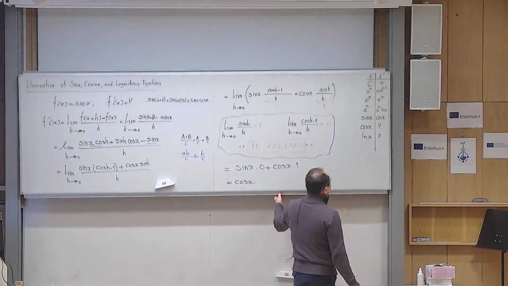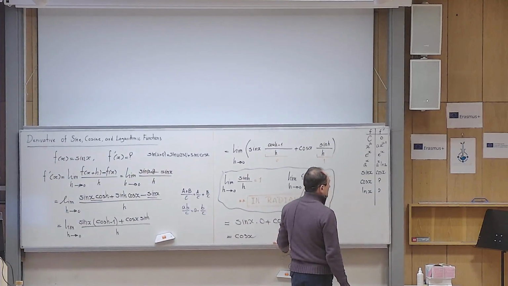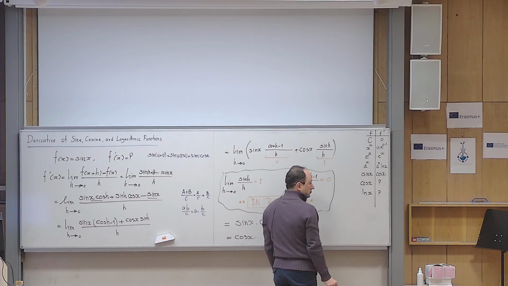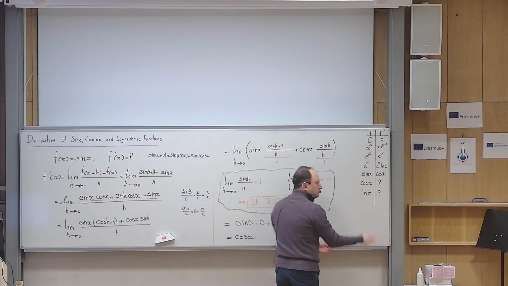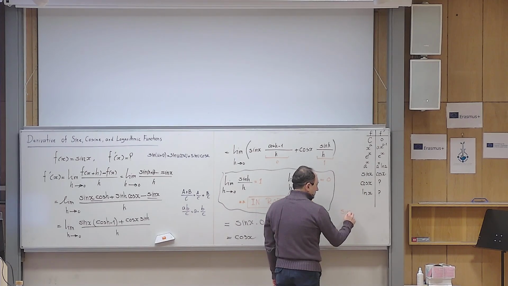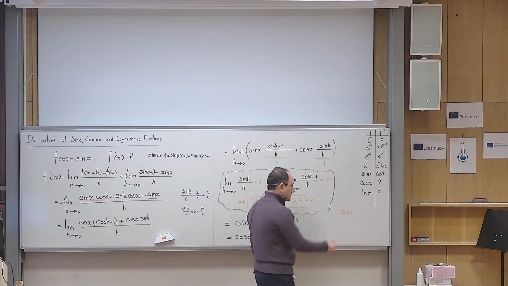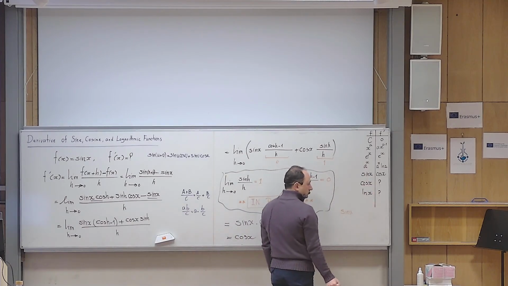I didn't talk about this because I intentionally wanted to see how much you know. Do you remember? This is the only formula you get in the table, but it doesn't mean this is the only function we can differentiate. If I give you sine u, where u is a function of x, sine u is not in your table.